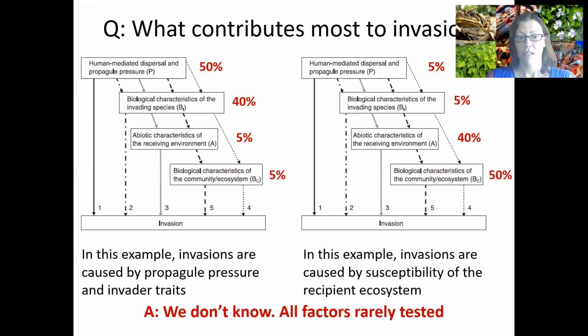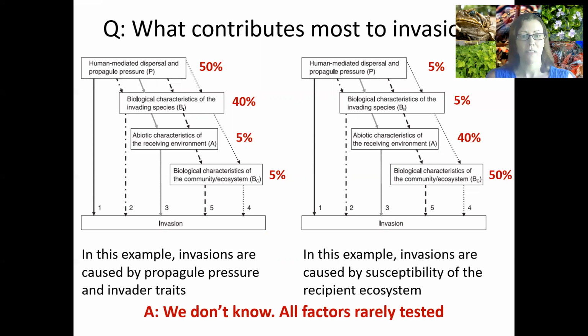If that was the case, writ large for invasion ecology, then we would want to spend all of our management dollars and time focusing on supporting resilience to invasion, on restoring disturbance, really focused on those recipient ecosystems, rather than the traits of those that are causing species to invade.